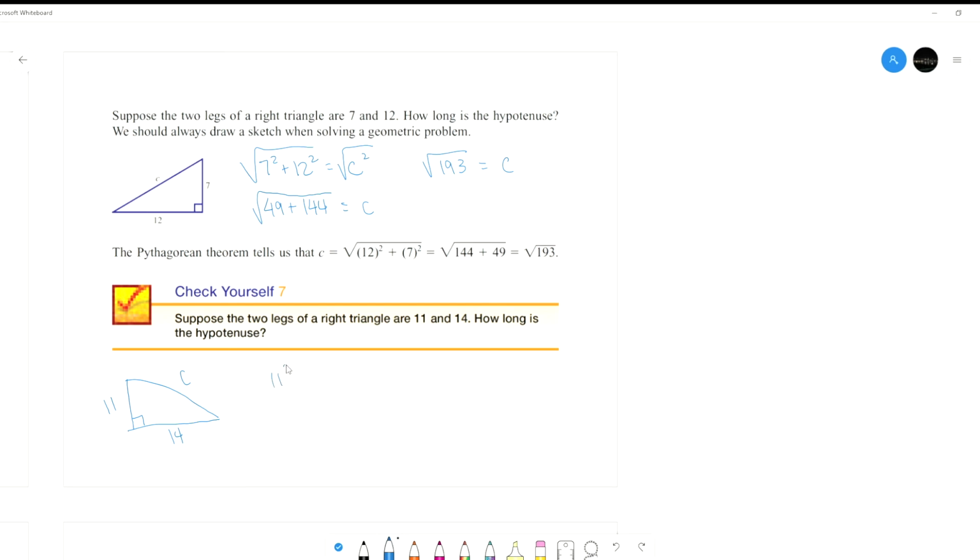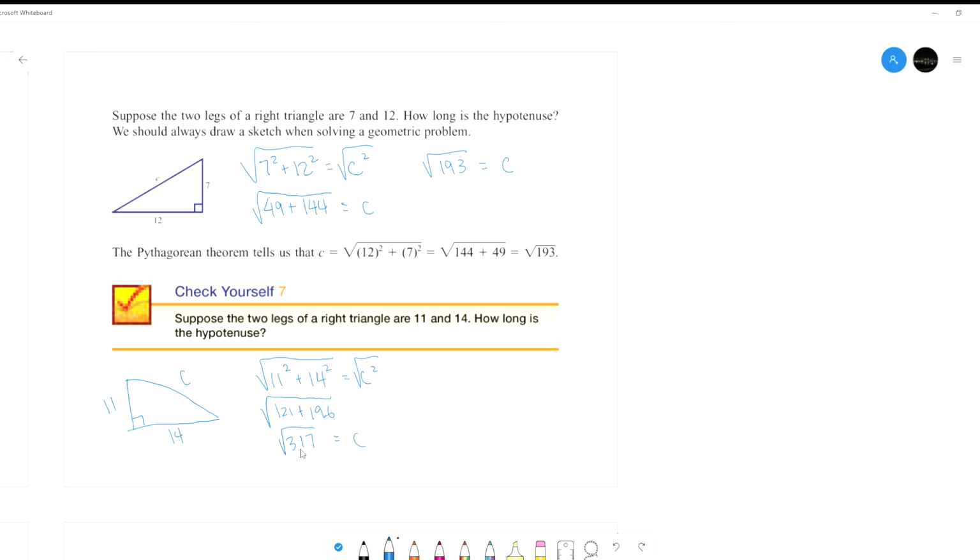So we have 11 squared plus 14 squared is equal to c squared, and we square root both sides to find c, right? So 11 squared is 121 plus 196, square root of that, and we get 317. So the square root of 317 is equal to c.